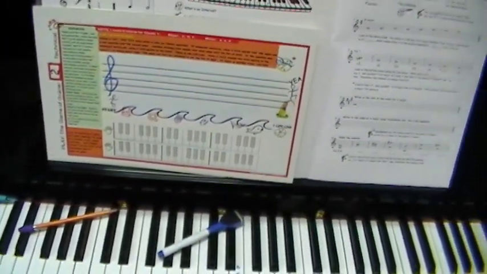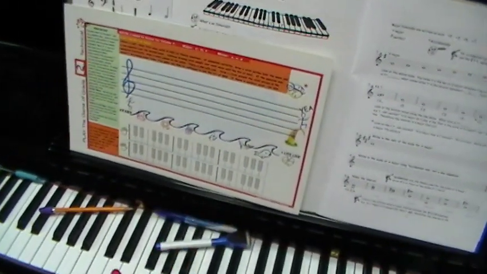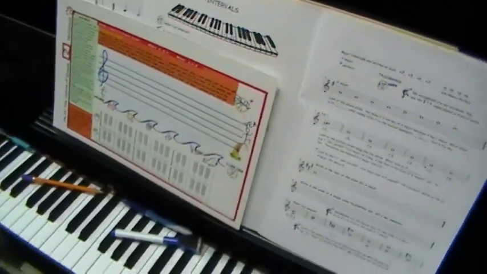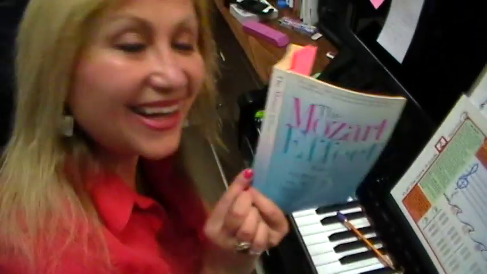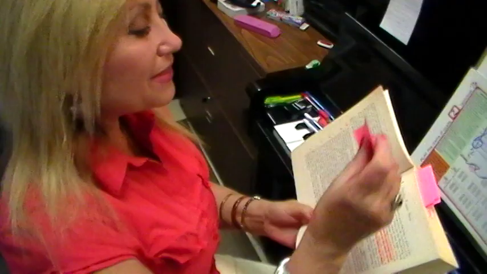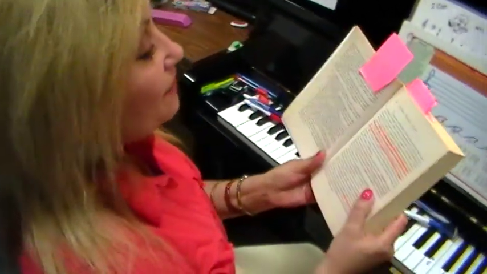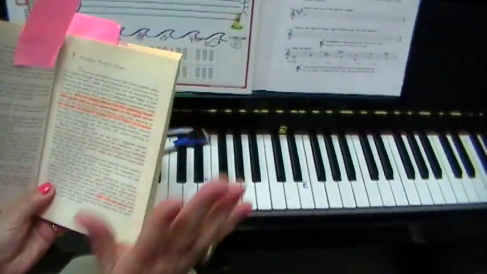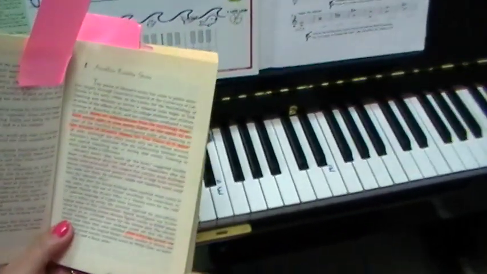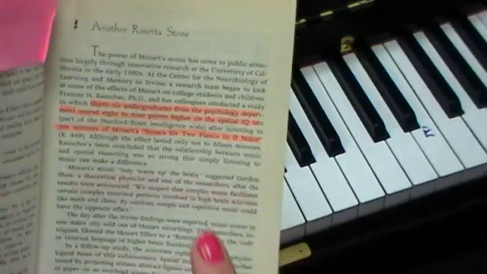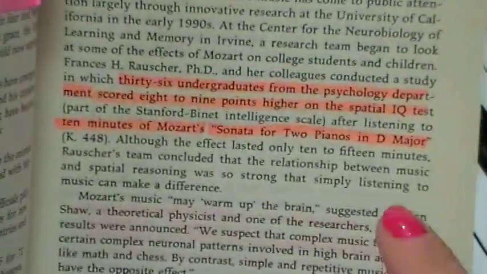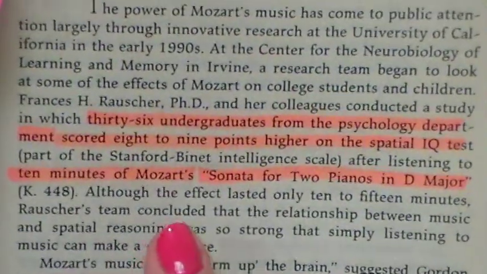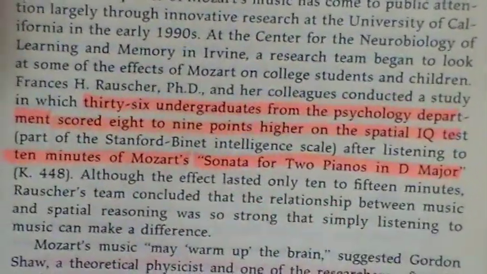Quickly, I want to mention we've been listening to Mozart music, and I've been talking about Mozart for the mind. I just want to talk about here, it's in a book. All right, so I'm going to read you an interesting little fact, and I guess it's a fact because it's in a book. They did a study in which 36 undergraduates from the psychology department scored 8 to 9 points higher on the spatial IQ test after listening to 10 minutes of Mozart Sonata for 2 Pianos in D major.